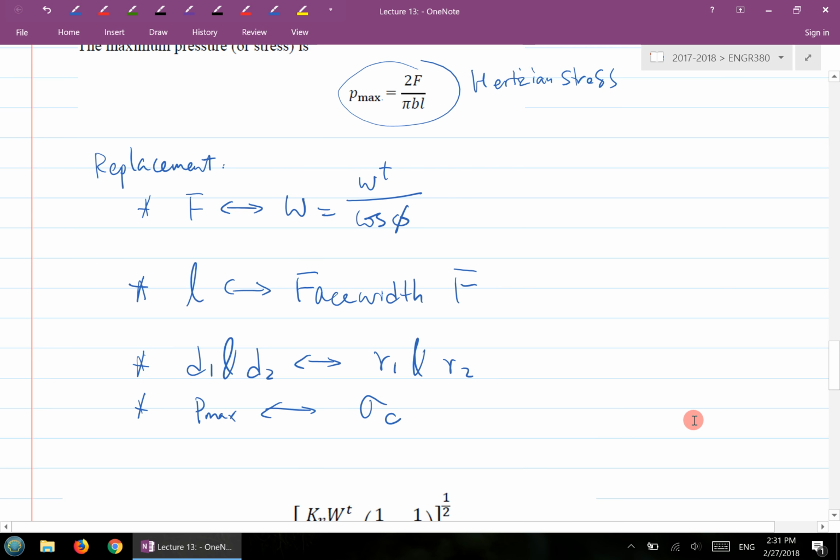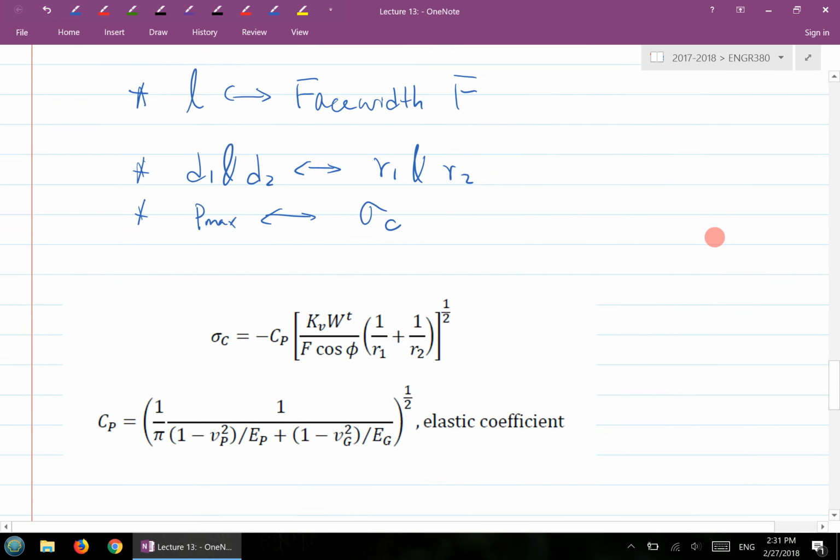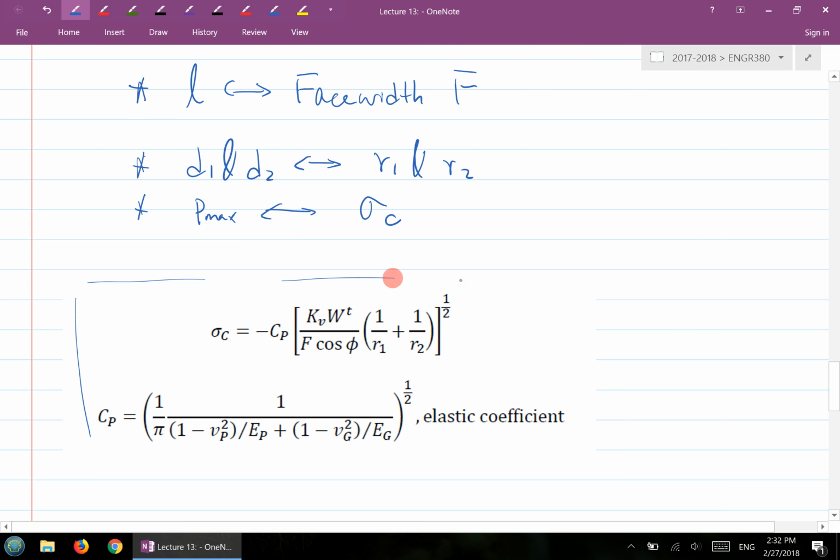With this replacement, we substitute into this equation, and of course replace E1 with EP, E2 with EG, V1 with VP, and V2 with VG. So the equation becomes this, and this equation essentially serves as the fundamental equation for calculating the contact stress when we design the gear to prevent surface failure.